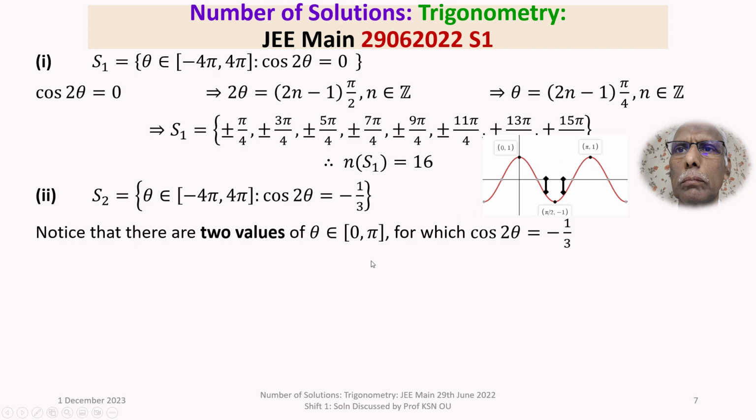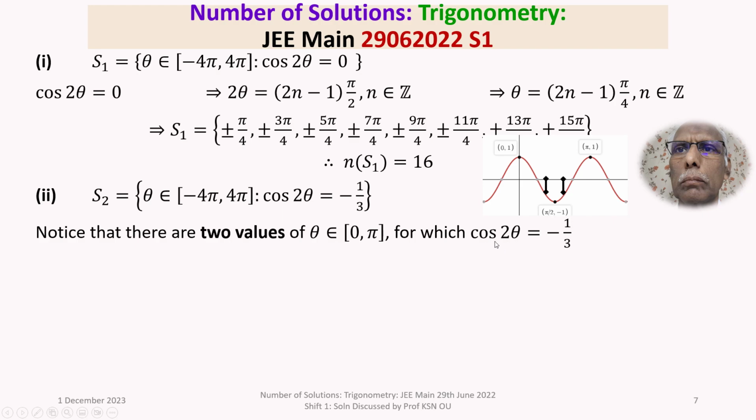And further, note down the period of cos 2 theta, because it is a periodic function. The period of cos theta is 2 pi. Therefore, the period of cos 2 theta is pi, that is 0 to pi.